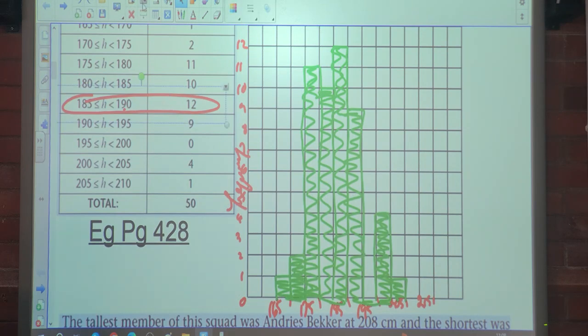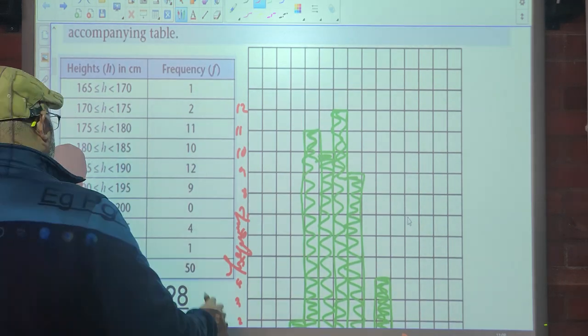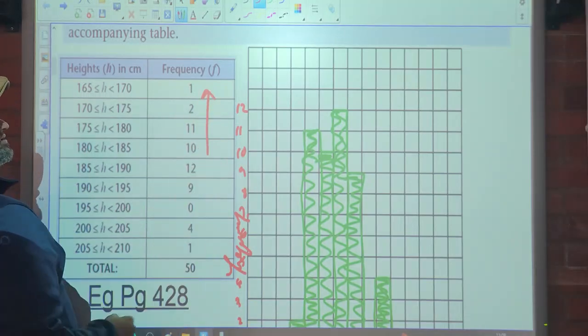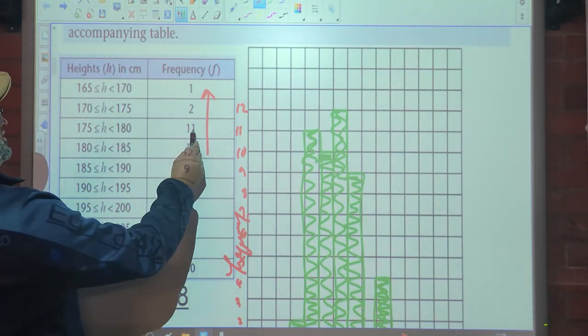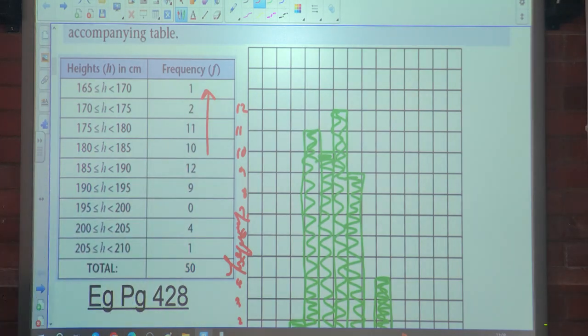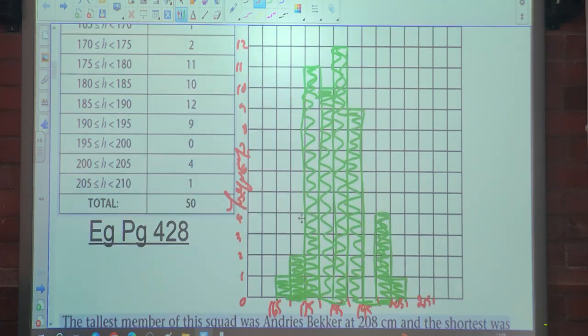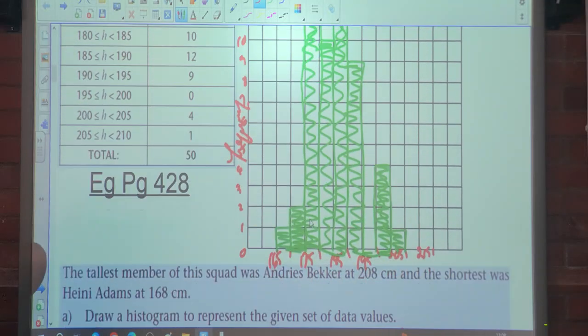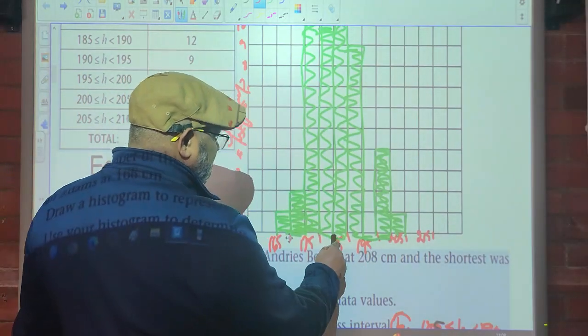Less than 185. So the values less than 185 are these values here. Which is 21, 22, 24. Otherwise you could have used the diagram as well. 185 comes here.